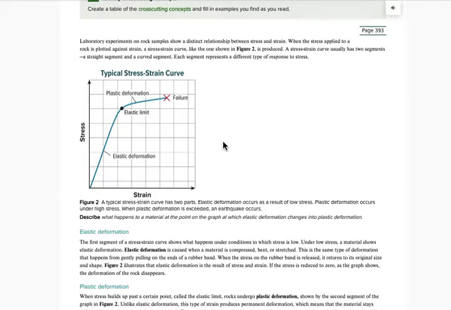That's called elastic. The other type that can happen is called a plastic deformation. And a plastic deformation, if you've ever heard of plastic surgery, that's a permanent change that somebody makes to their body, right? It's permanent, though. That's the important thing. So a plastic deformation is a permanent change or a permanent deformation.